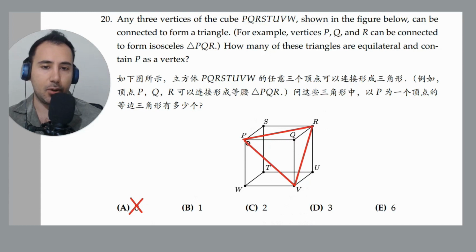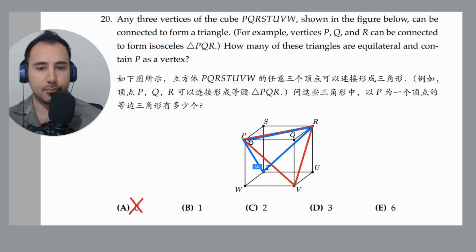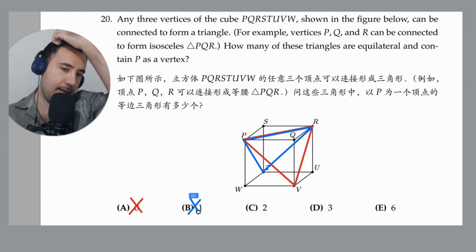What if, from P, I go to T, and from T I go to R again, and I go back here. So that's 2. So this one is out as well.